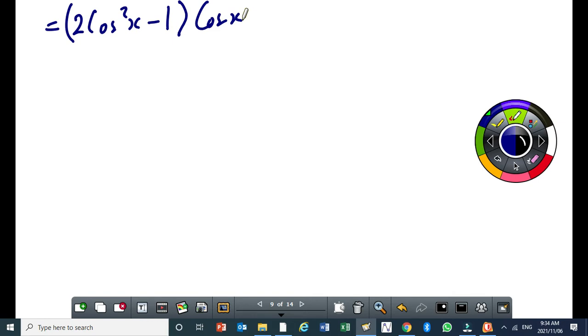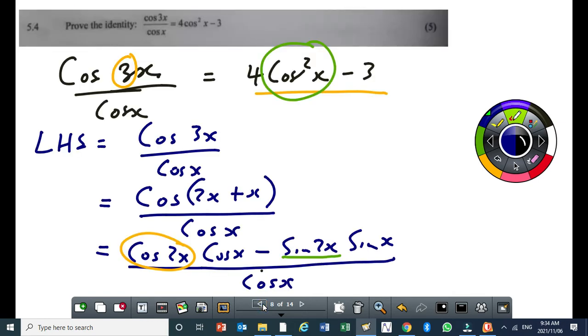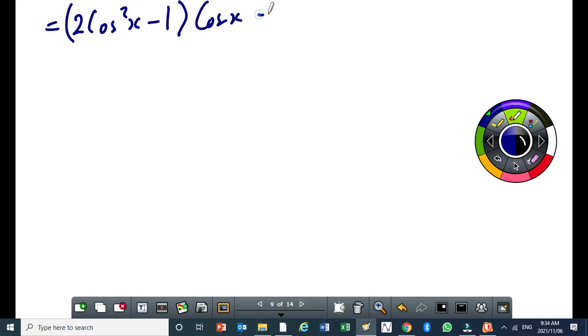Then that sine 2x, I can write as 2 sine x cos x, so this becomes minus 2 sine x cos x. I'm not guessing, it's also here on the information sheet, the double angle for sine, at the bottom: sine 2 alpha equals 2 sine alpha cos alpha.